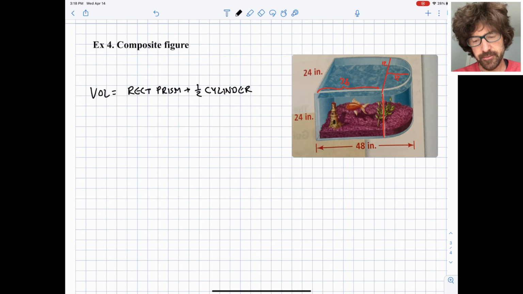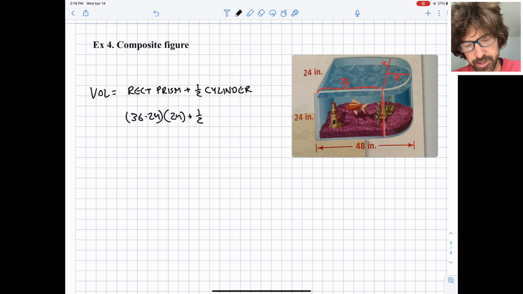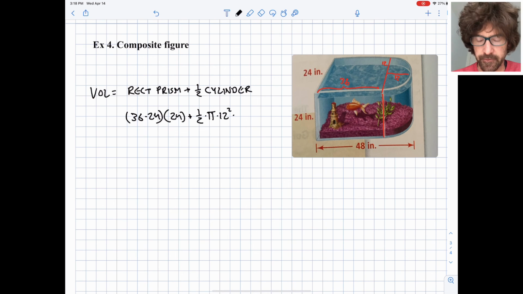So the rectangular prism has an area of the base, which is 36 times 24, times a height of 24, plus a half. The cylinder would have an area of a base, which is pi times 12 squared, and then times the height to get volume, times 24. Okay, so let's multiply all this out and see what we get.